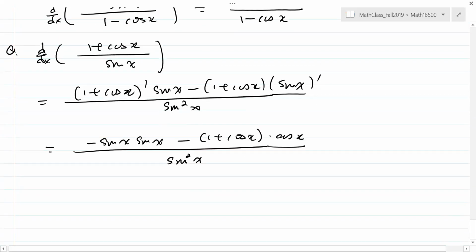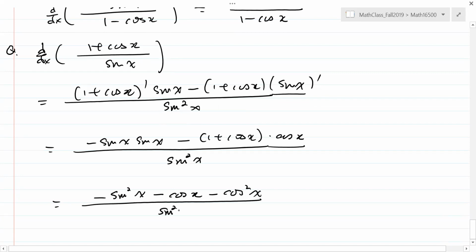Be careful as we simplify it. We get negative sine squared x minus cosine x minus cosine squared x. I find out this is just negative 1 minus cosine x over sine squared x.